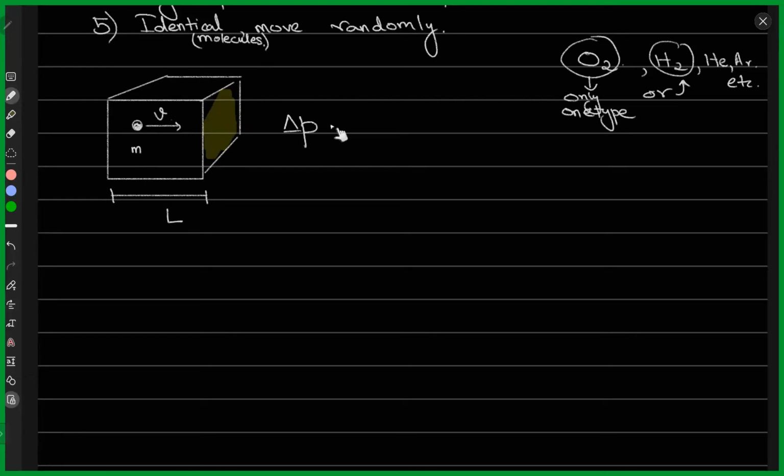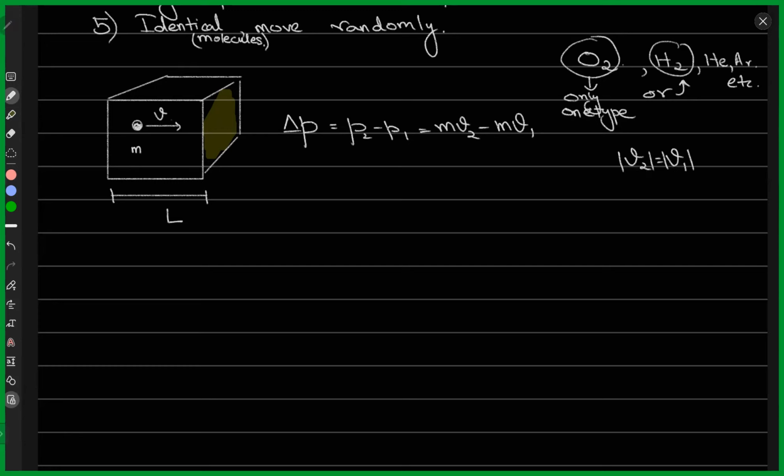That change in momentum would be P2 minus P1, obviously, which would be mV2 minus mV1. Now, let's see what V2 would be. We assume that the collision is perfectly elastic, so V2 and V1 magnitudes are exactly the same.